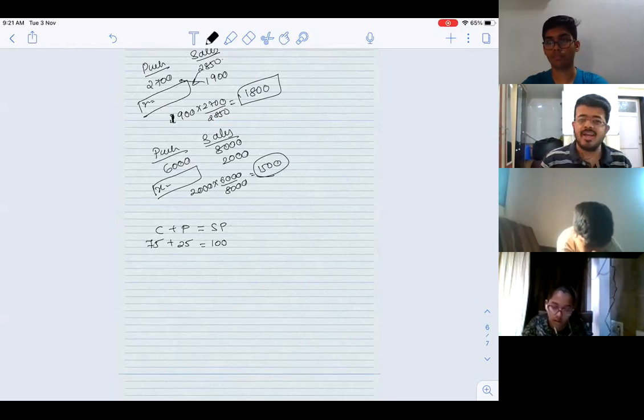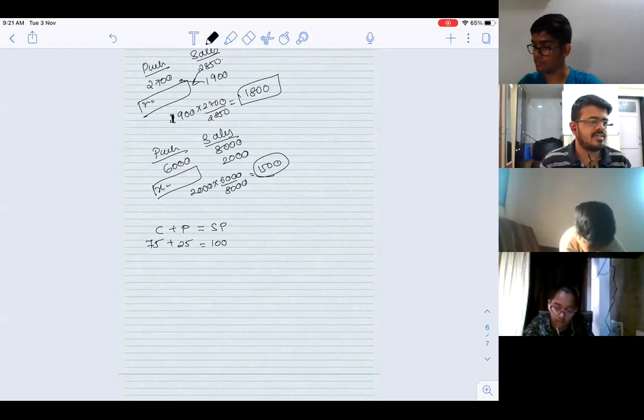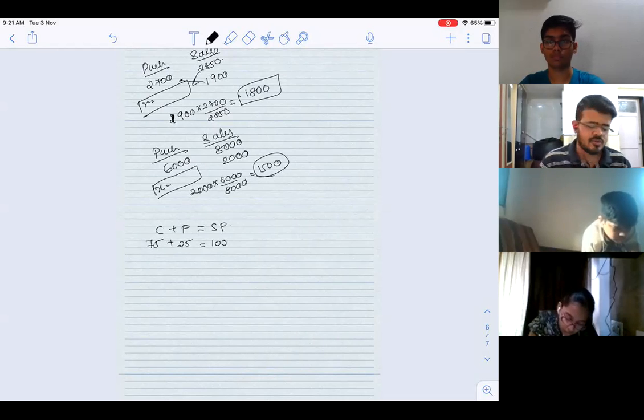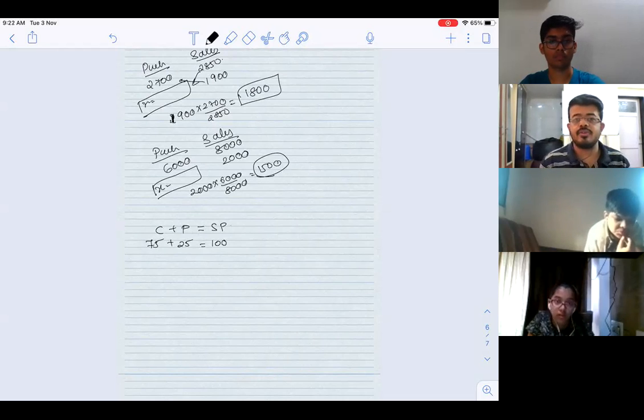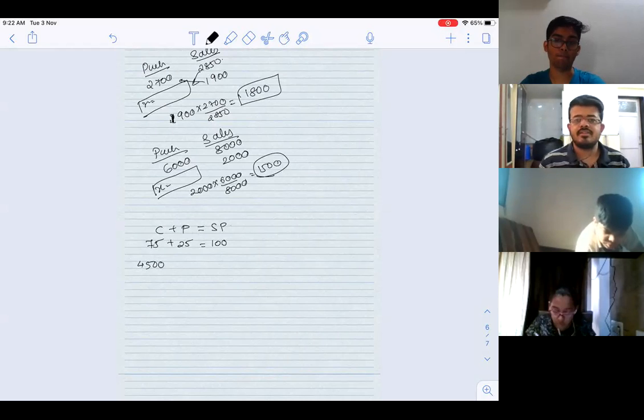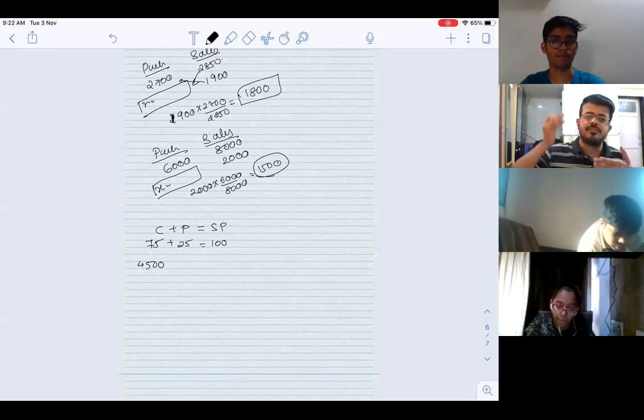Now, how many packets did we sell? 3 packets. So 3 into 1,500. The cost of 3 packets is 4,500. Under which do I write 4,500, under C or under SP? Under C, it is the cost.